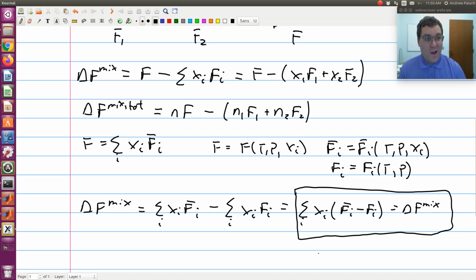F_i is just the molar F of pure component i, and remember, my partial molar F is equal to the molar F in the pure component limit. So this is my effective F in solution at a given composition, and this is my molar F, as if I had a pure component system. Delta F of mixing is then just the molar average of the difference between my effective value in solution at our temperature, pressure, and composition relative to that pure component value at T and P. So it's a molar average of these departure terms.